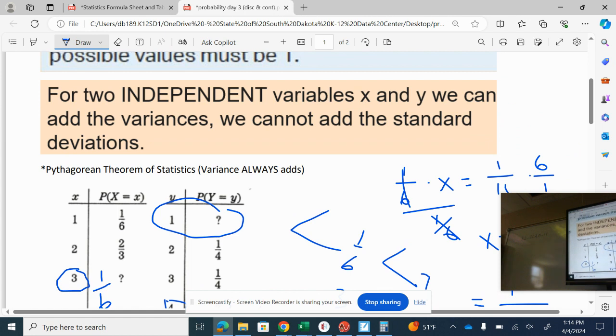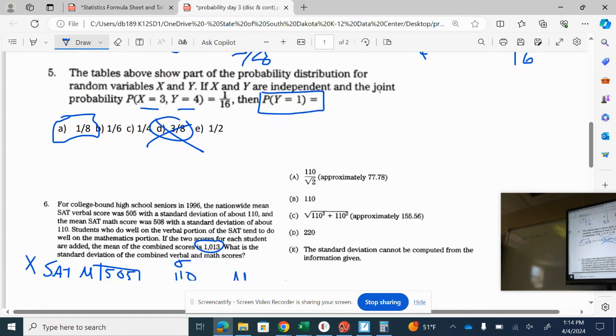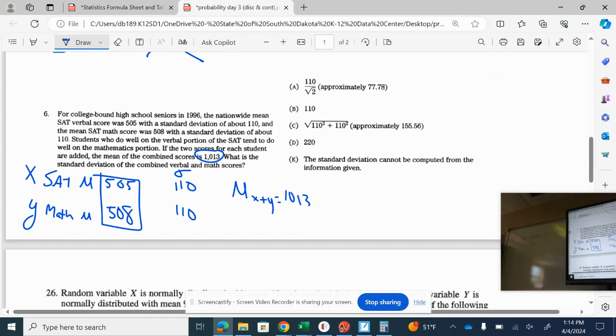What we're saying, if we're adding these variables, these are not variances, they're standard deviations. The variance would be 110 squared. The variance of the other one is 110 squared. If we're adding those two variables, we get the variance, which is 110 squared plus 110 squared. But then we have to take the square root to figure out the standard deviation.